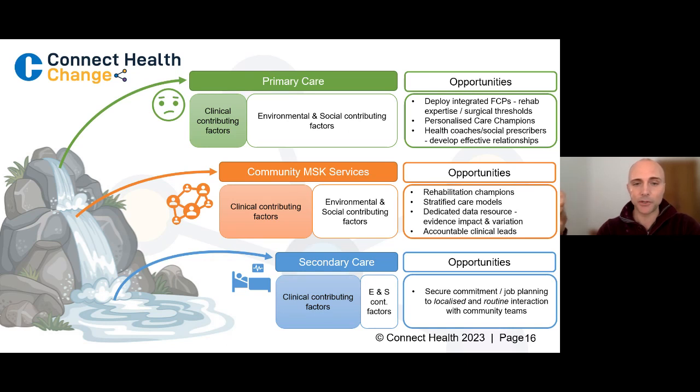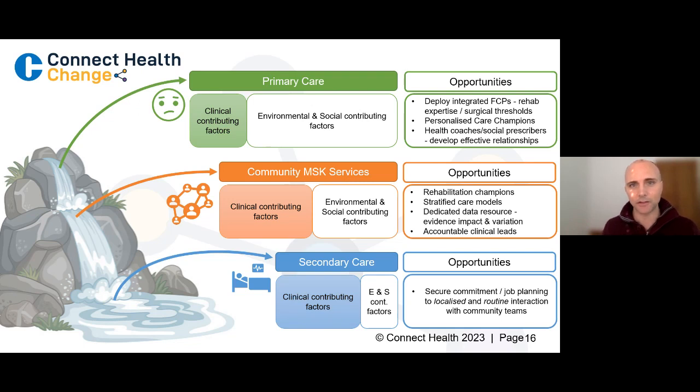So for me, a big opportunity in supporting that optimal care is to make sure we challenge our community services to really demonstrate their rehab expertise, to allow them to modify care and stratify care so the right level of input goes into the right patients. But to do that, we've seen real value in making sure the community service has a dedicated data resource.